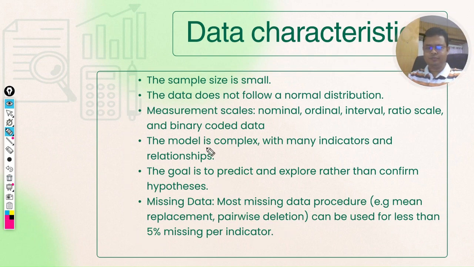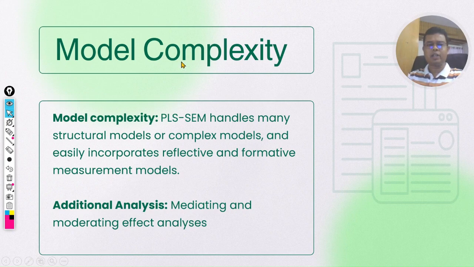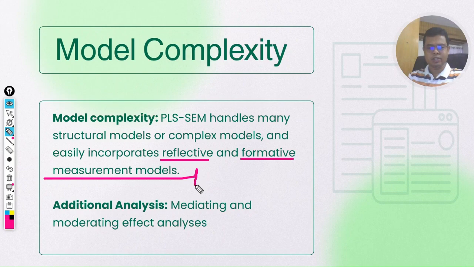So the third one is model complexity. SmartPLS handles many structural models or complex models and easily incorporates reflective and formative measurement models. So another question comes here, right? Reflective and formative.